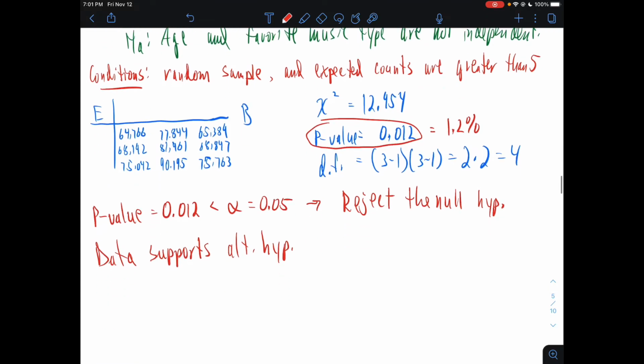So at a 5% level of significance, there is not enough evidence to support the claim that age and preferred music type are independent.